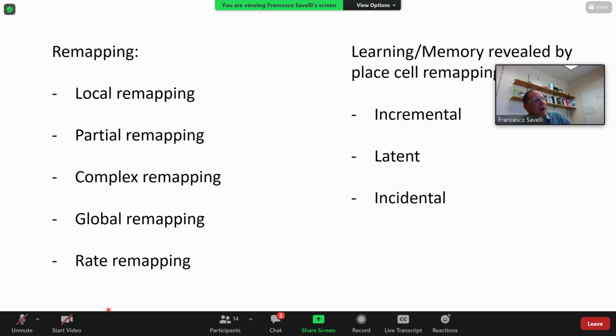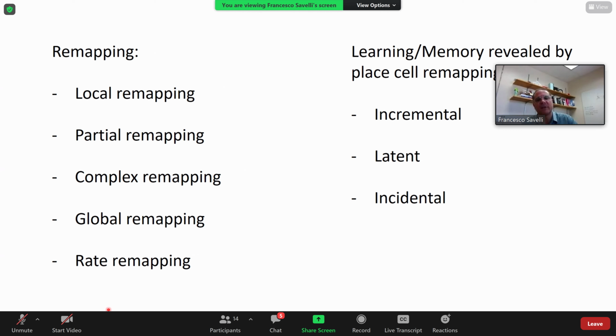For place cell remapping, it's believed that the kind of learning and memory that is revealed by place cell remapping is incremental, latent, and incidental. Incremental means that it happens slowly, although not all experiments show that. Latent means that it's happening without necessarily having a manifestation in behavior, which usually is the definition of learning.